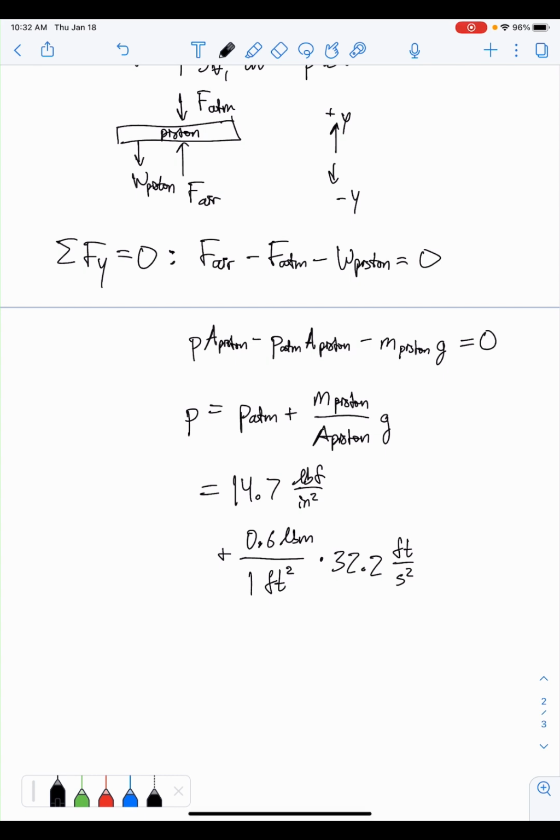Now, one of the reasons I picked this problem is the fact that unit conversion would be required in order to solve for this, and because not many people are used to English units, we're going to try to keep it in terms of PSIs.